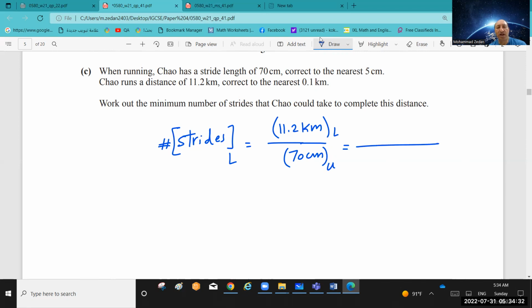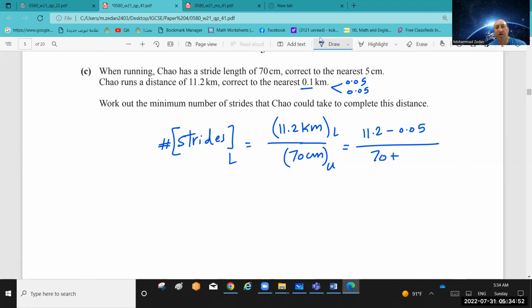The lower bound of 11.2 kilometers, correct to 0.1, is found by dividing 0.1 by 2, which gives 0.05. So to get the lower bound, subtract: 11.2 minus 0.05. And the upper bound of 70 is 70 plus half the accuracy.